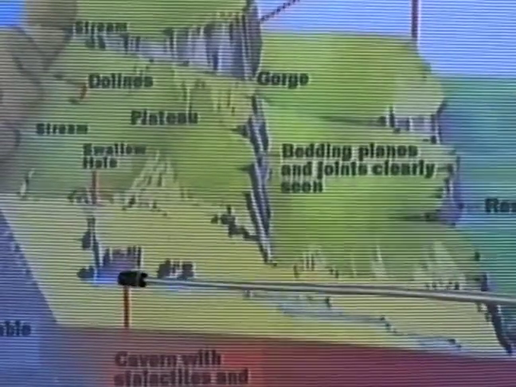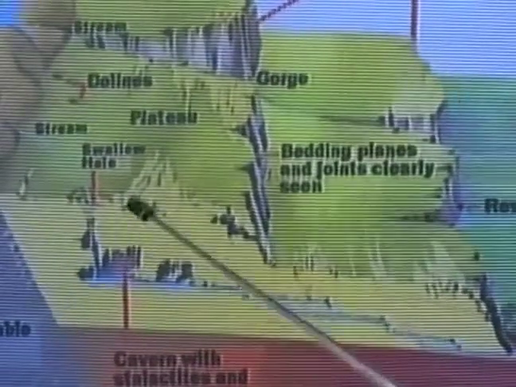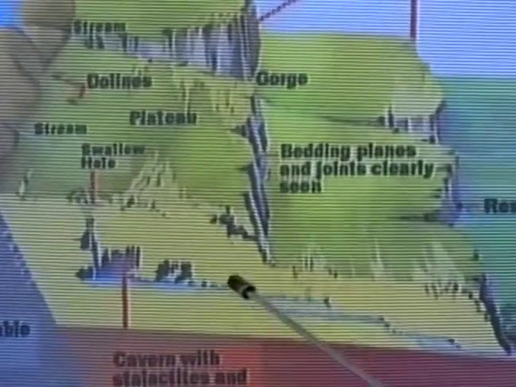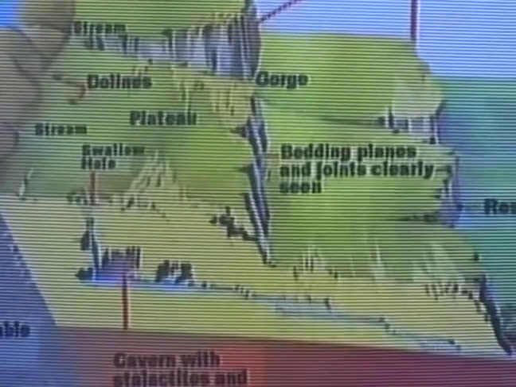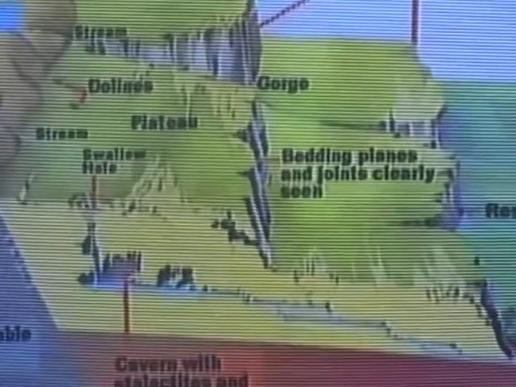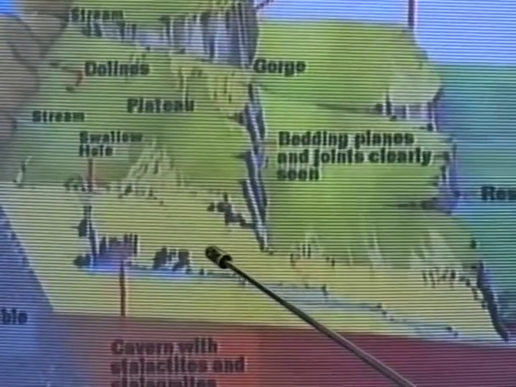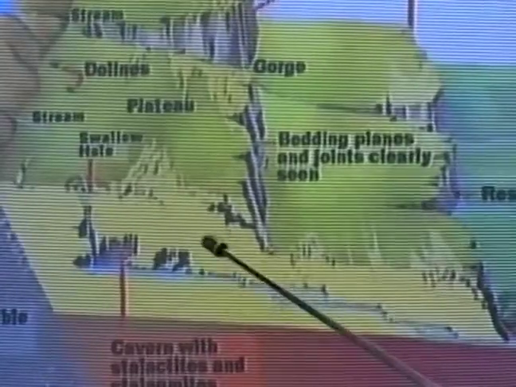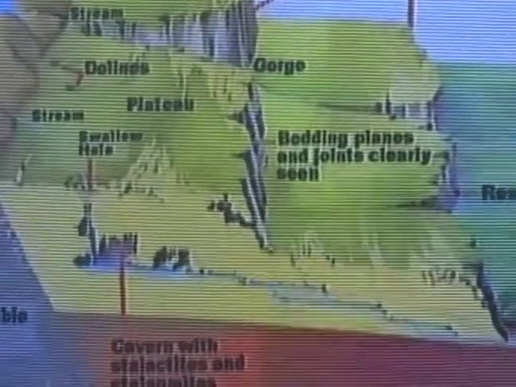Whatever is on the surface disappears underground through the swallow holes, then forms the caves or cave-ins, which tend to contain stalactites and stalagmites. So caves in such a topography are another common feature of a karst scenery.